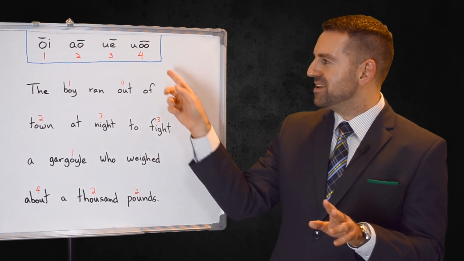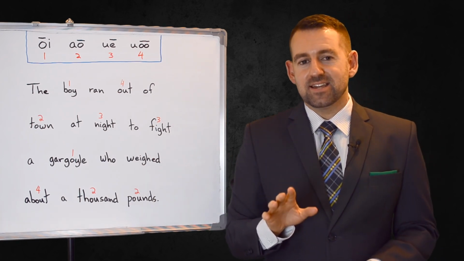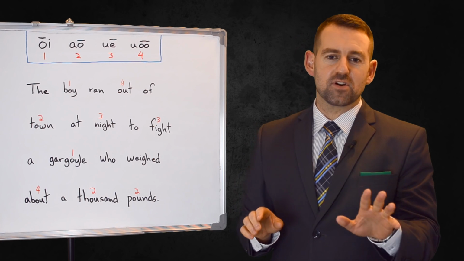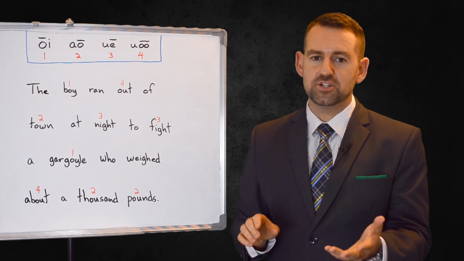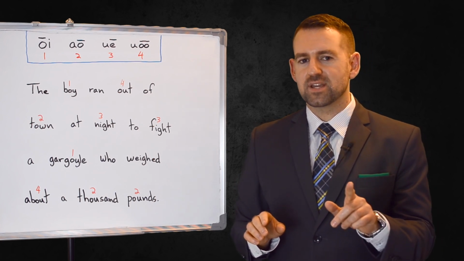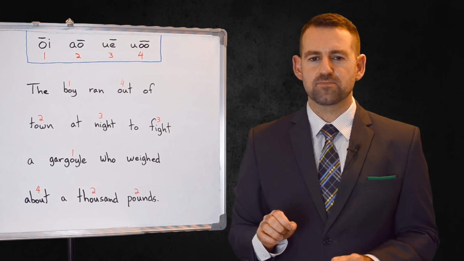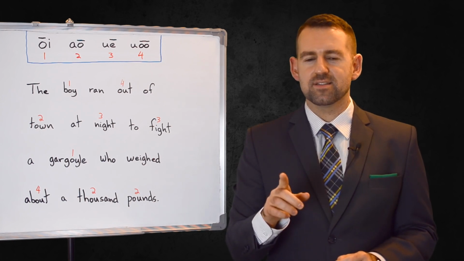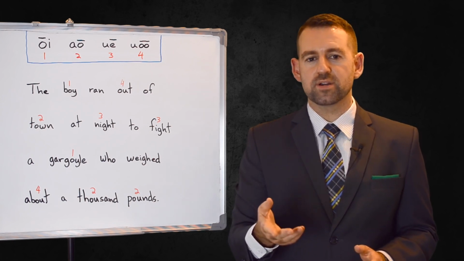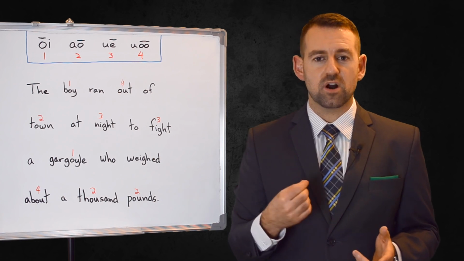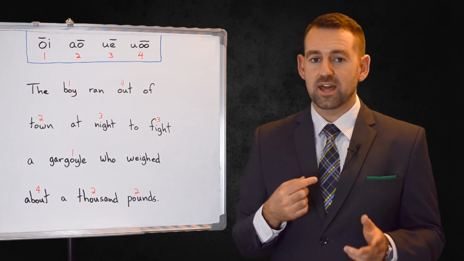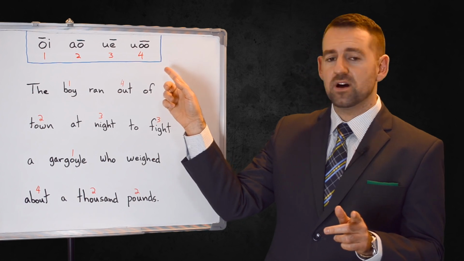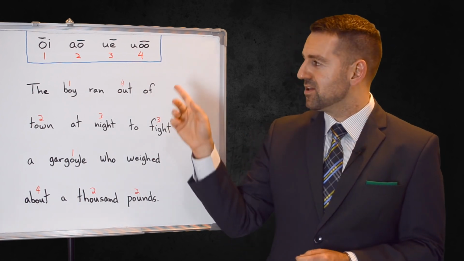Now this sound is a very Canadian sound. You don't have to learn it, but I'm going to teach you anyway. Because at the beginning of this series, you'll remember that I told you I was going to teach you how to talk like me. Right? And I use this sound a lot, and all Canadians use this sound.